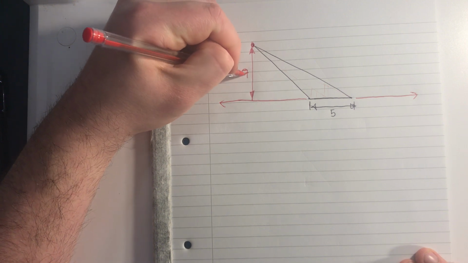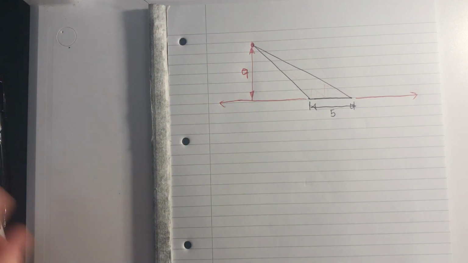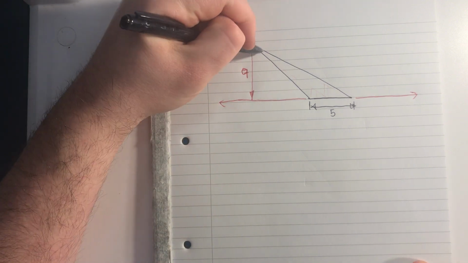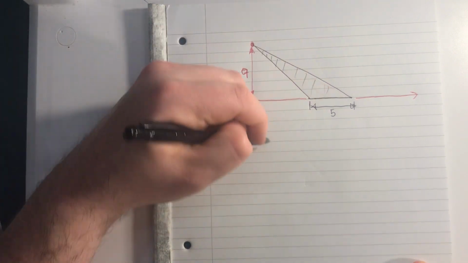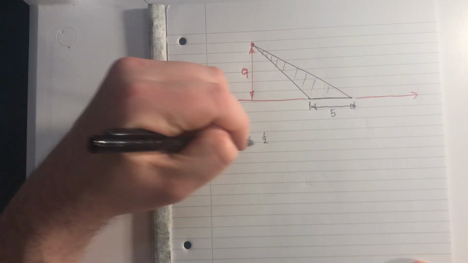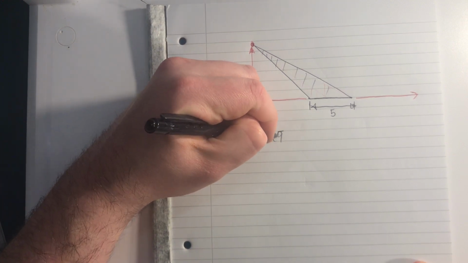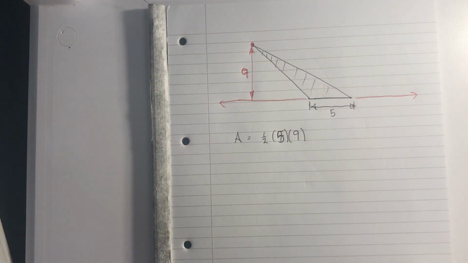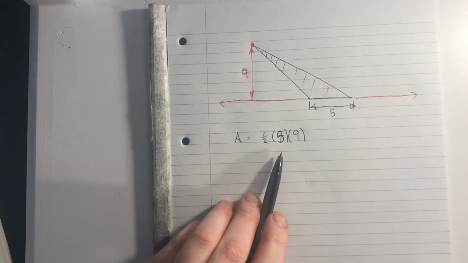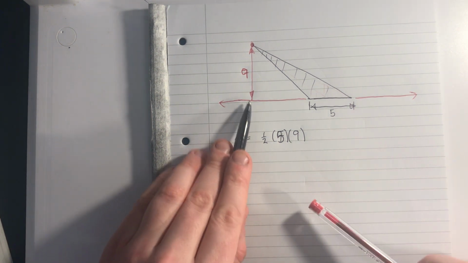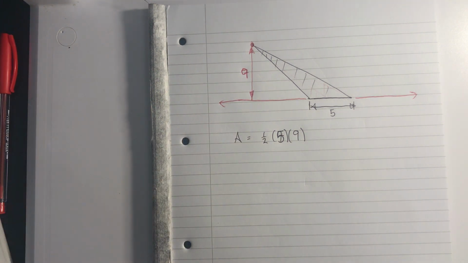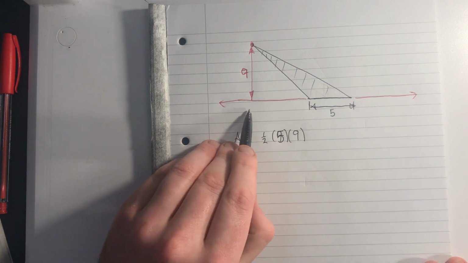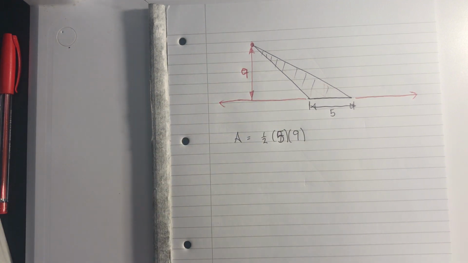So the area of this triangle, the amount of space in this triangle is 1/2 times 5 times 9. Sorry, I went wrong there. So that's 1/2 times the base times the perpendicular height, which is 9. So look out for those tricks that they can try and catch you out with. The perpendicular height doesn't have to be inside the triangle. The perpendicular height can be outside the triangle.